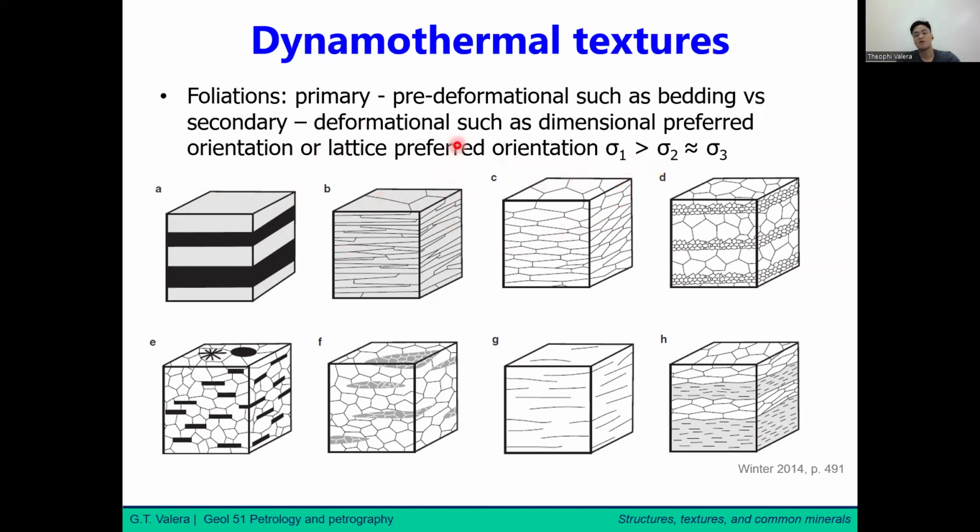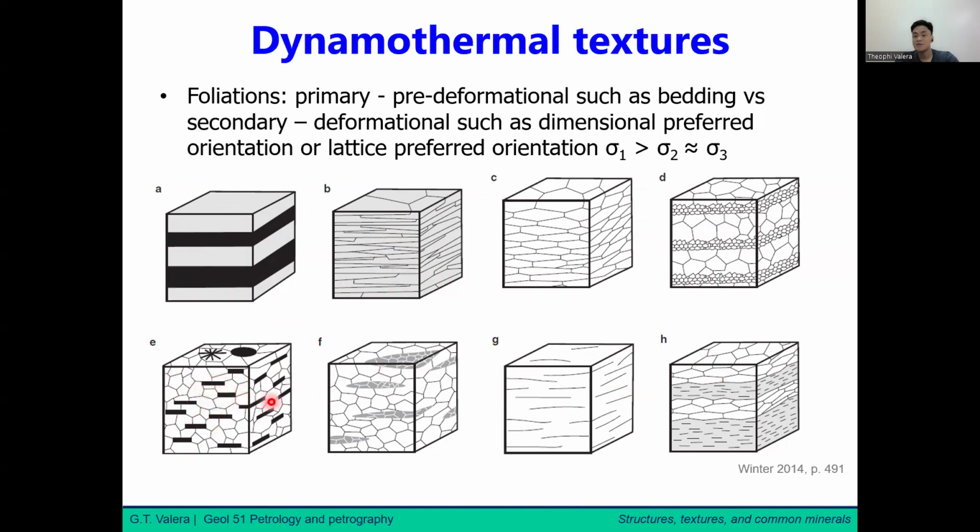Okay, so we've already discussed when you form foliation. So this is an example of a bedding plane that during compression, basically, not na maintain yung layers na to. But usually, when you have deviatoric stress, this could be easily reworked into something more like this, like this, like this, etc. If you have multiple minerals comprising a single rock, you usually end up with some minerals, kunwari quartz, resulting to this equigranular texture.